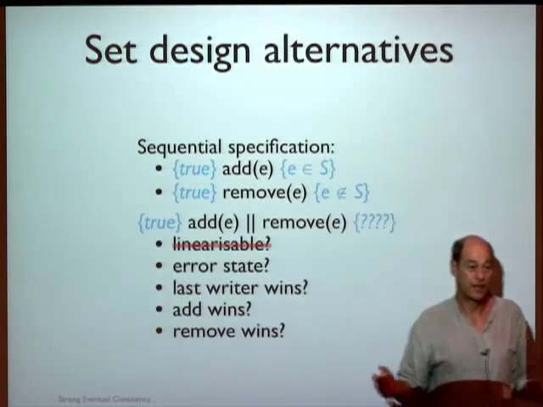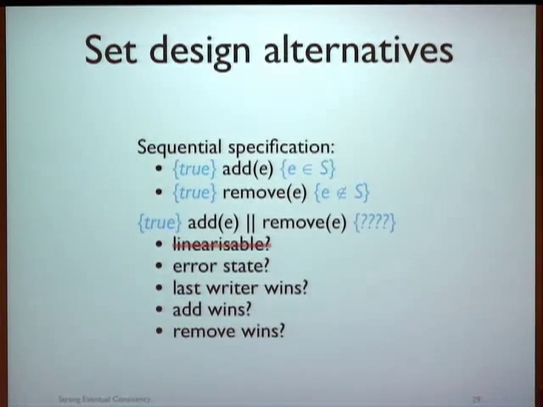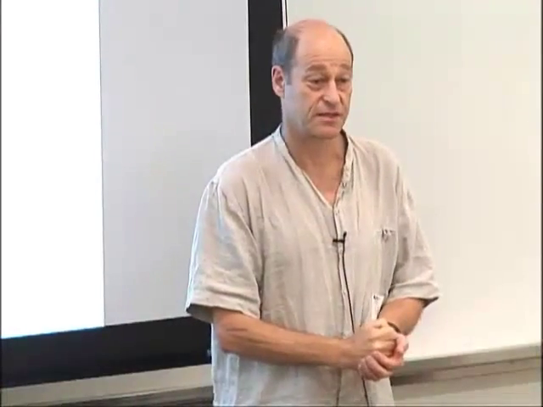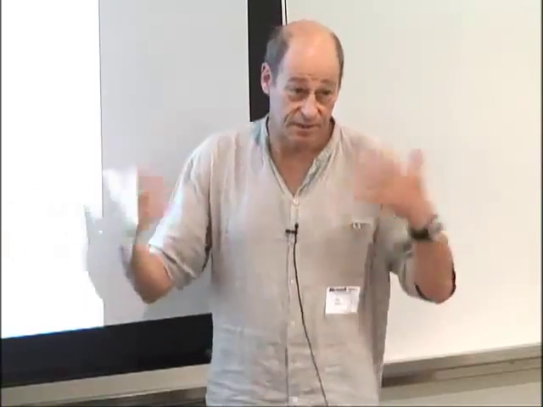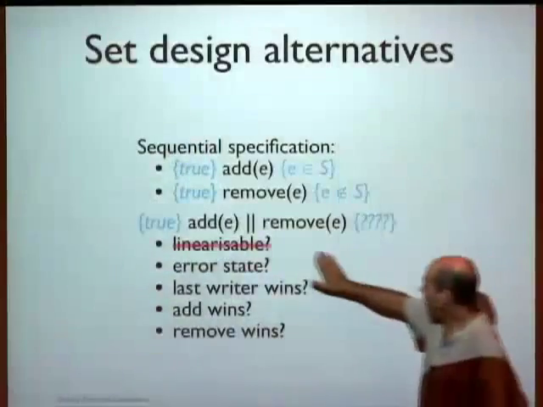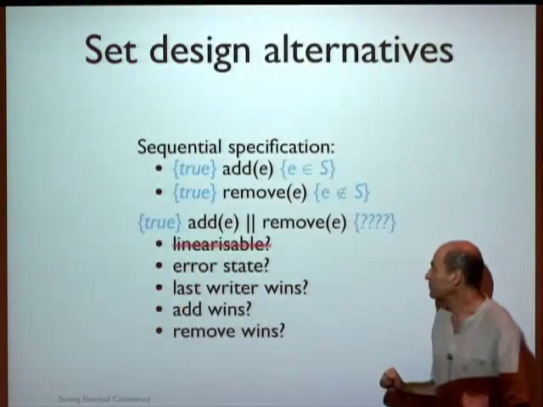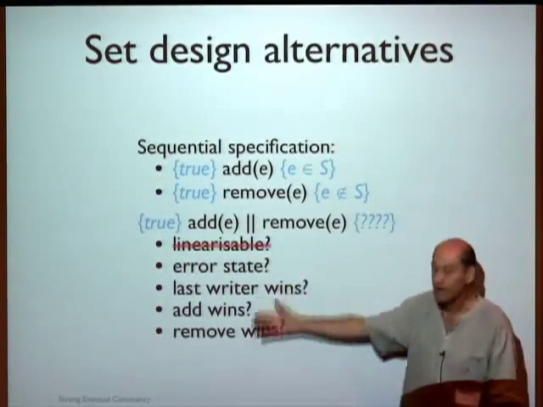Okay. That will give you exactly the same semantics as the sequential semantics, but it involves consensus, so you don't want that, right? It's SEC, but it's too strong for what we want to do. So I cross this solution out, but there are still many other solutions.